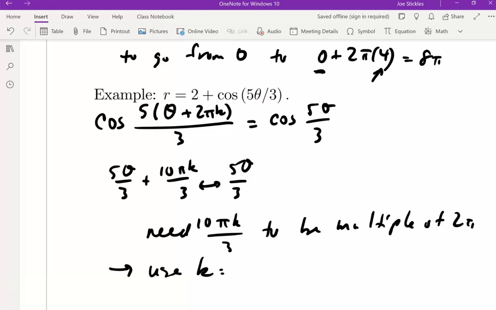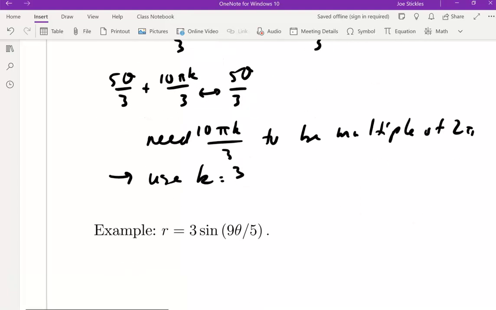What do we need to go away in order for this to be a multiple of 2 pi? The 3 needs to go away, right? So what better we use for k? 3, yeah. Notice that the 3's will cancel then, and 10 pi is a multiple of 2 pi, isn't it? I should say an integral multiple of 2 pi. Agreed?